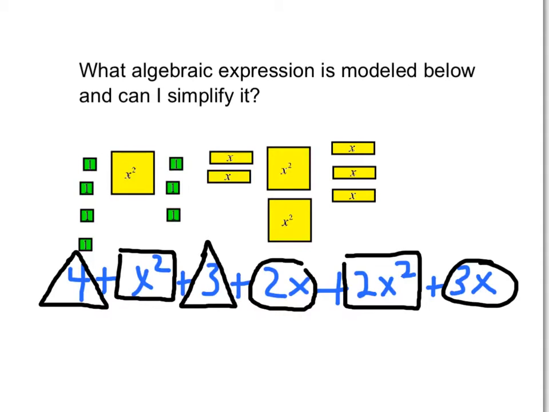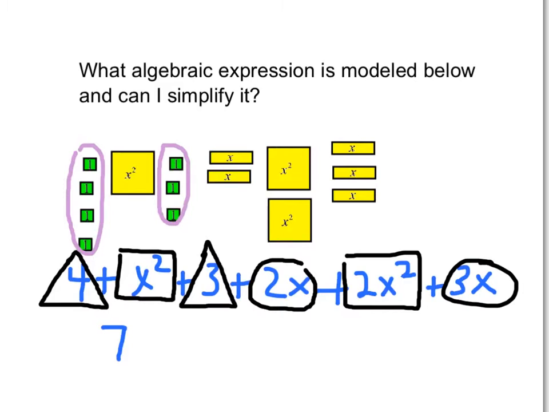So if I put the 2 triangles together, the 4 and the 3, I get 7. That came from these 4 ones and these 3 ones, 7 ones.